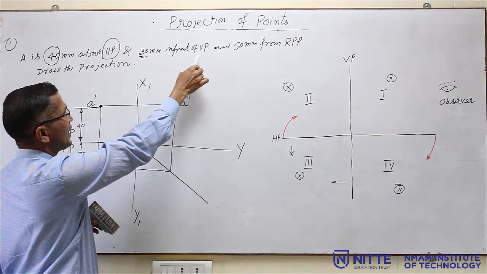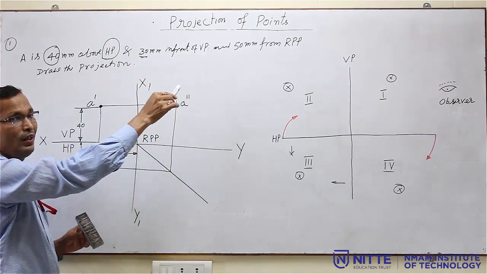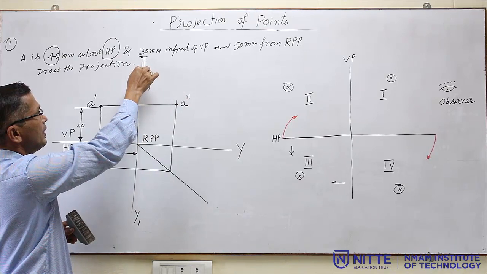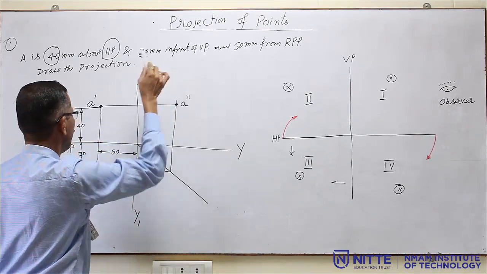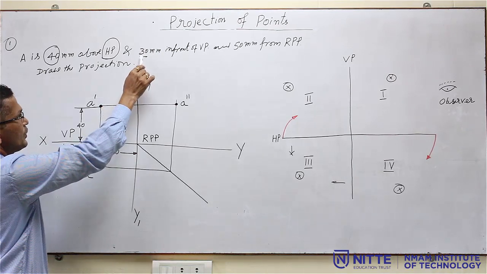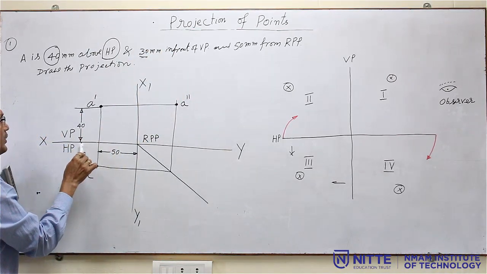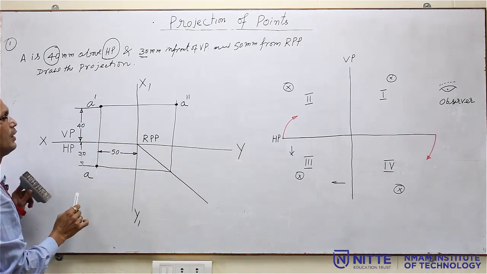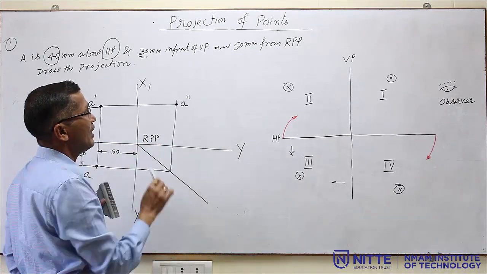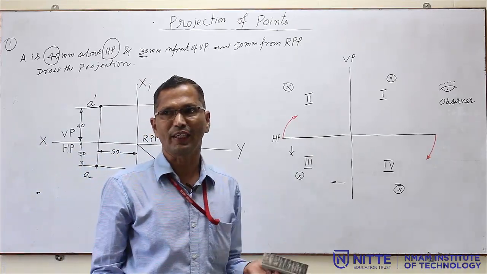Similarly, all the dimensions with respect to VP, it may be the angle or it may be the length, it is represented on HP. So, 30 mm in front of VP, that means it is on HP. Then this is about the profile view. So, this is a problem on first quadrant.